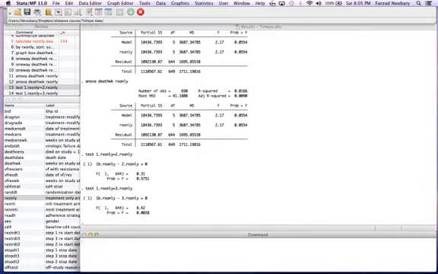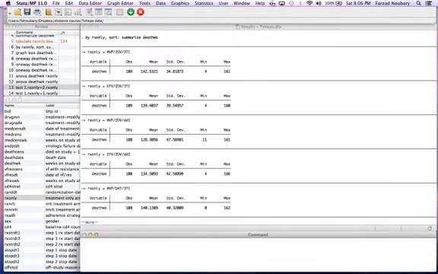And so the command I'm going to type in is by Rx only. Remember, that's the variable that tells you which treatment arm different patients were randomized to. By Rx only, comma, and then space sort, colon, summarize, and then my outcome variable, which is death week. Okay, so you'll see I get these results here.